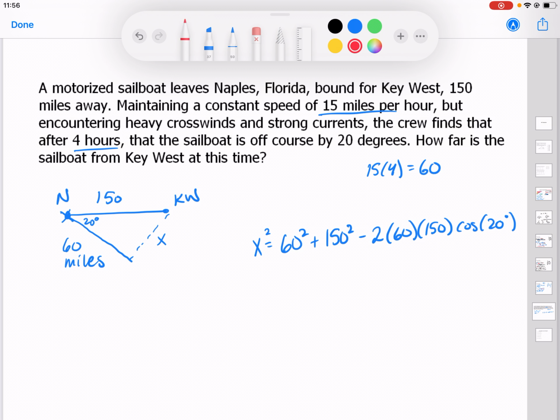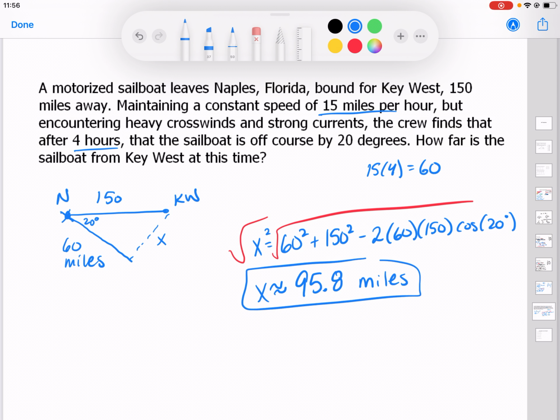And then I just need to take the square root to find my final answer, and I can just type it into my calculator. And just make sure your calculator is in degrees. And you get that you're about 95.8 miles away still from, not off course, but away from our final destination in Key West.